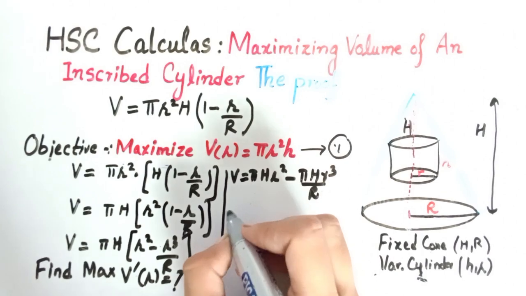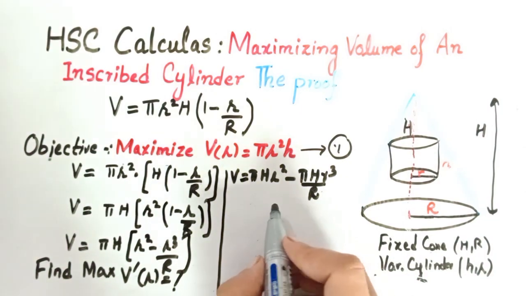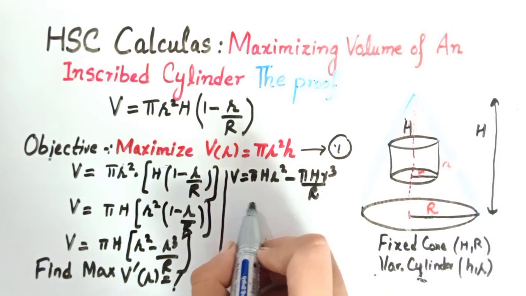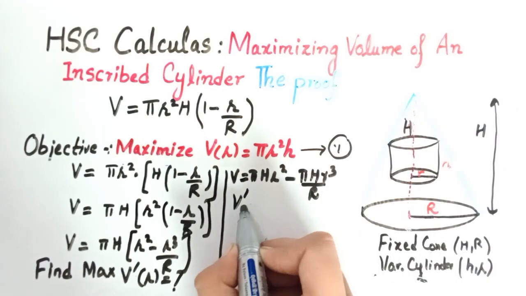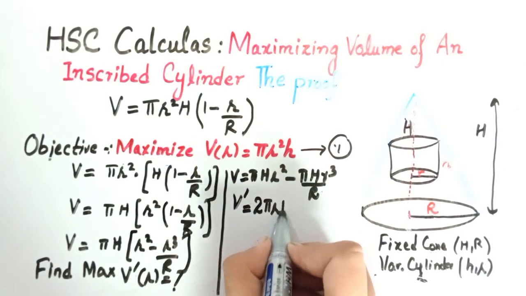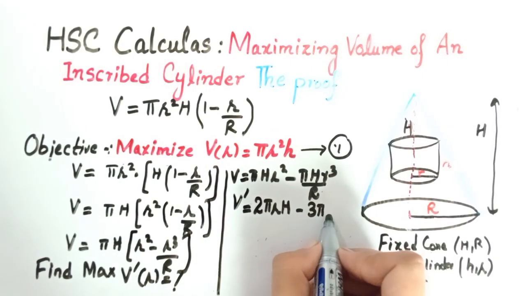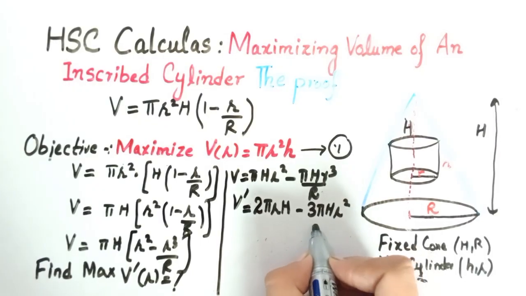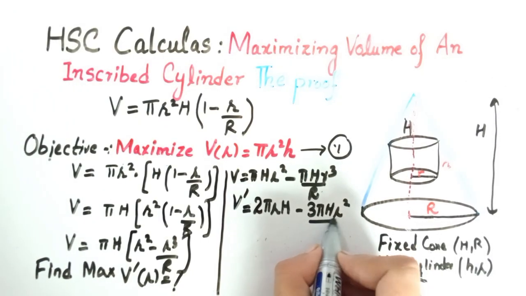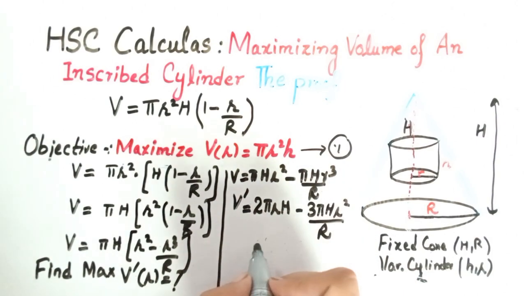Now differentiate this. When we differentiate this, we will get its answer as V dash equals 2 pi r h minus 3 pi h r square, 3 is in the start, divided by capital R. Now we will set V dash of r equals 0.